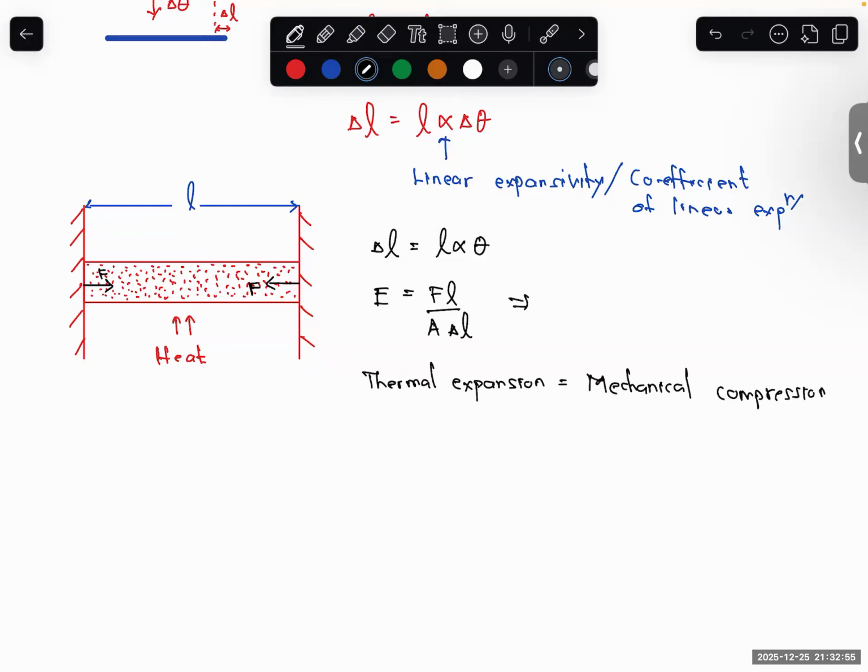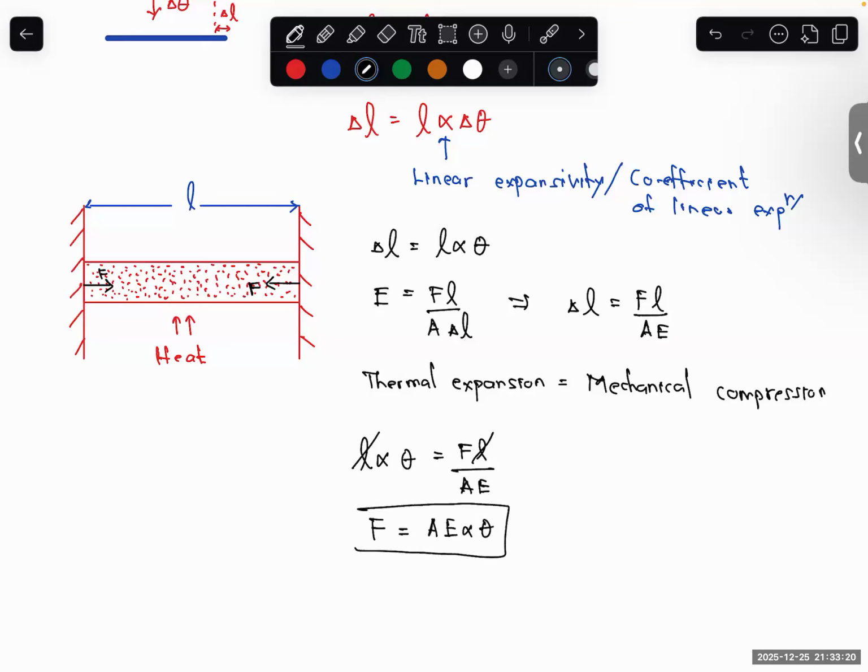From this equation, you can have ΔL equal to FL over AE. When you equate these two, L α θ is equal to FL over AE, isn't it? You can cancel the L's. So now you can derive an equation for the force generated.